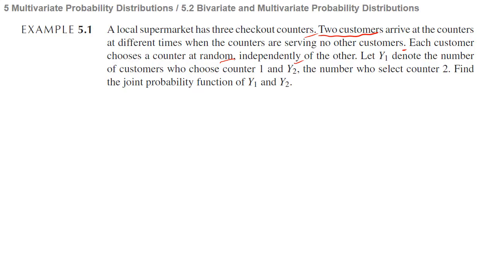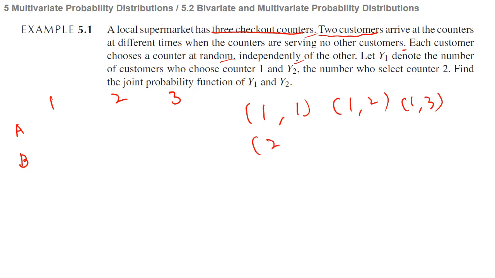So there are three checkout counters, counter 1, 2, 3, and there are two customers, customer A and B, and they randomly select 1, 2, or 3. So a sample point could be (1,1), (1,2), (1,3), and (2,1), (2,2), (2,3), and all the possible cases.